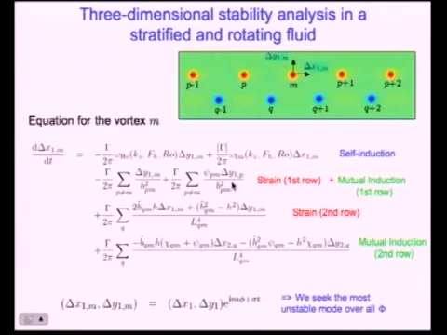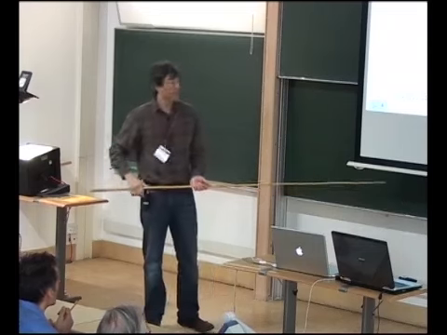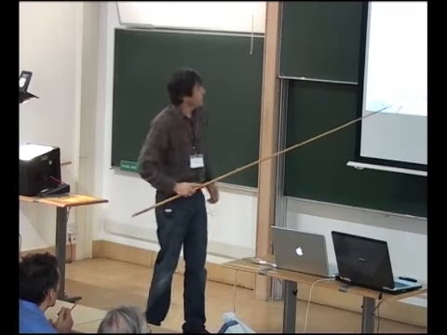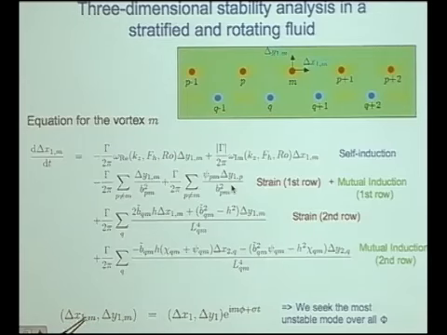The second line is the strain and the mutual induction of all the vortices of the first line. And here we have the strain and the mutual induction of the vortices of the second vortex line. We have the same equation in the y component, and two equations for each vortex.